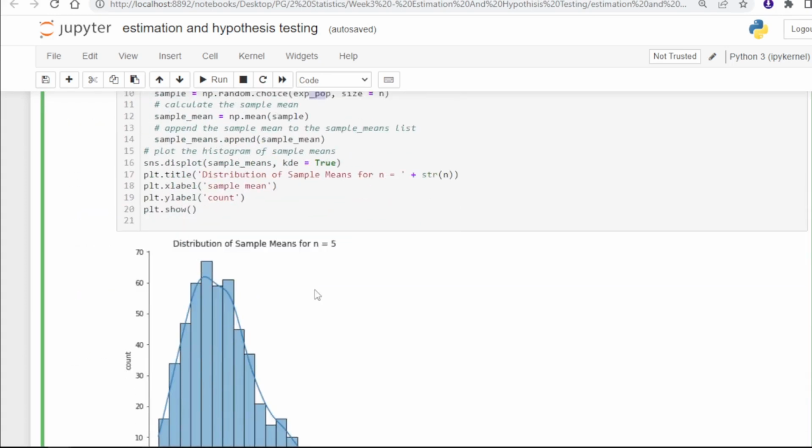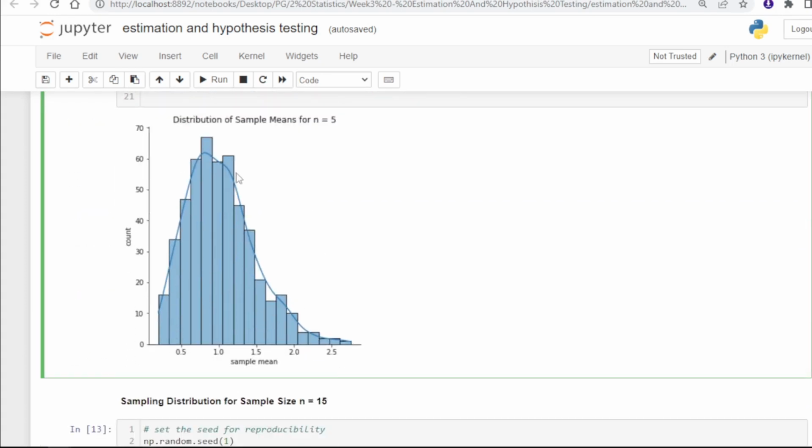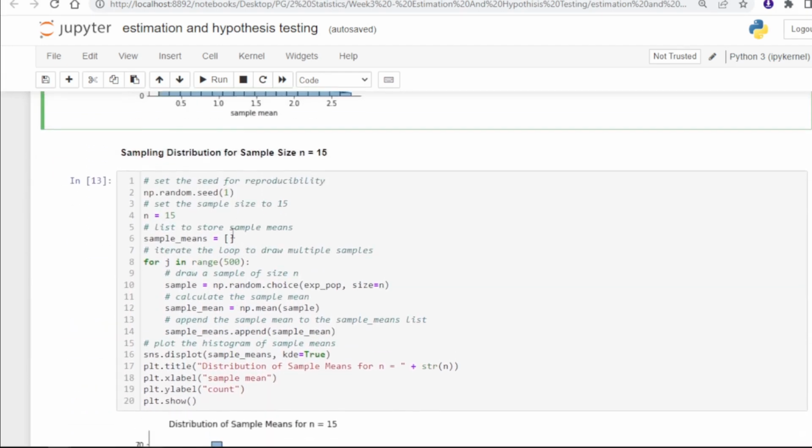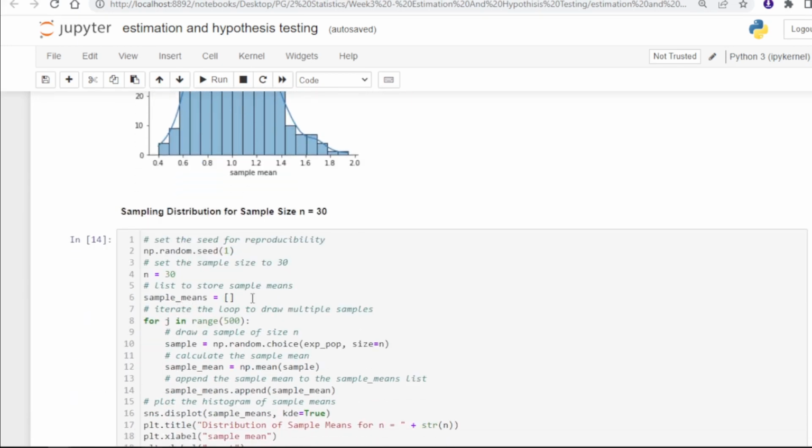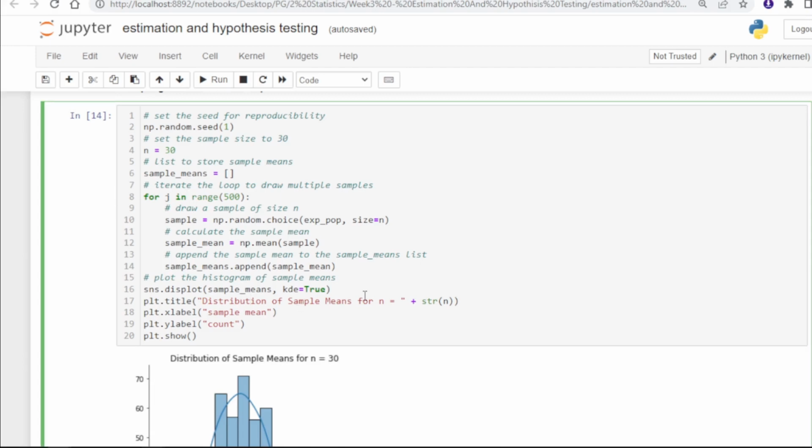You can see how the distribution changed slightly, and if n is 15, the curve goes like this. If it is 30, the rest stays the same but n changes.